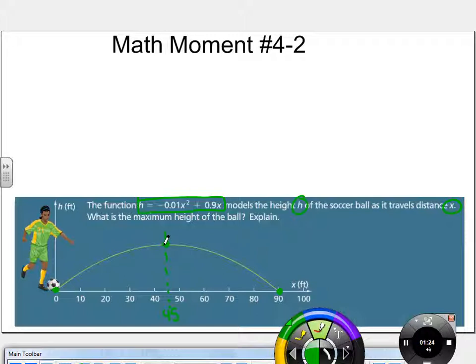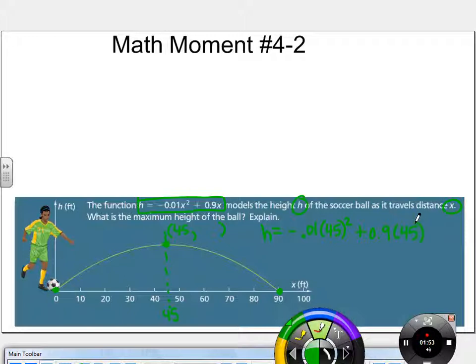So we don't know what the maximum value is right now. We don't have the entire coordinates of the maximum point. But we do know that the x-coordinate, or when the maximum height occurs, is at 45 feet away from the kicker. So then in order to calculate the actual maximum height, we're going to use the equation that they gave us and the fact that this maximum height will occur at 45 feet away from the kicker.